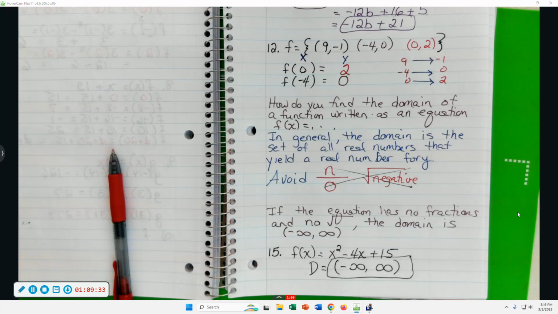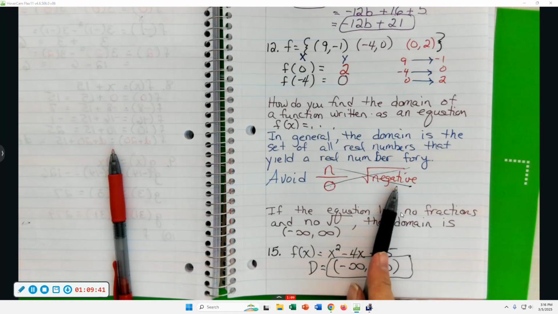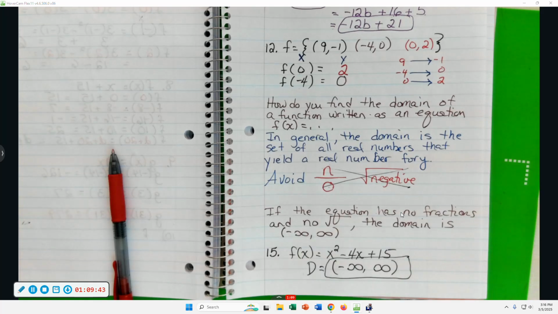The y value you get has to be something that can be plotted. That's why you can't have an undefined result. You can't have an imaginary number. You can't label an imaginary number on the y-axis. That's why it's called imaginary. No fractions, no square roots. Your domain is all real numbers.